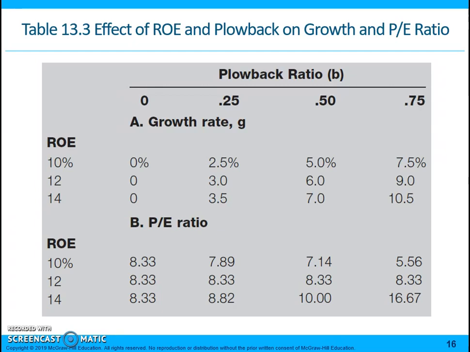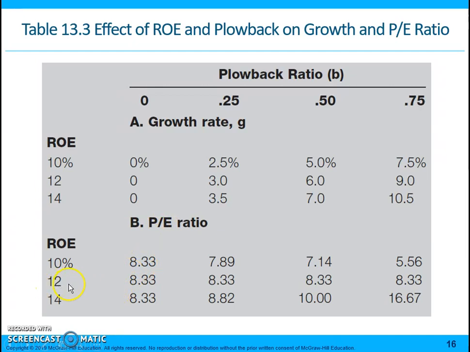Basically, what's going on here is the company is investing in projects that are reducing the value of the firm. So with no reinvestment at 10%, the company's PE ratio is 8.33.